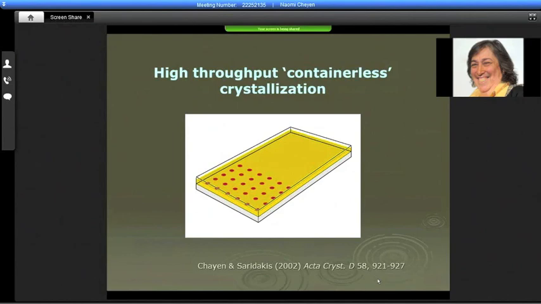If you take a layer of Vaseline and on top of it paraffin oil and dispense your drops, you get this containerless crystallization, just done by the robot. But of course, this is not for screening. This is for optimization. For screening, you want to get a lot. But when you want to get them down to a few, then this is an easy method to do, even by hand.